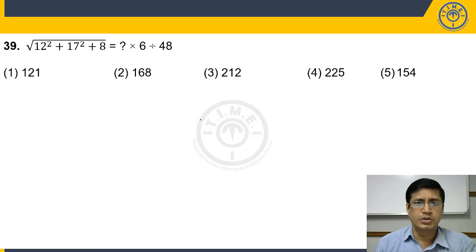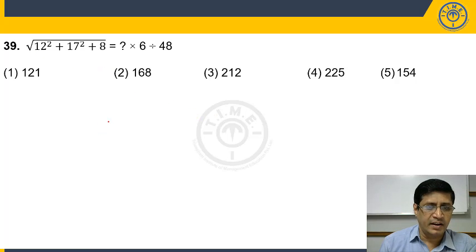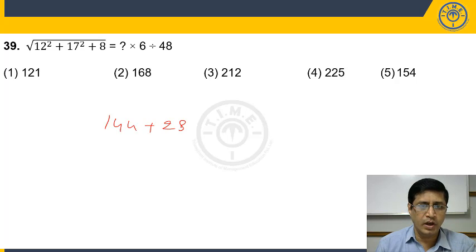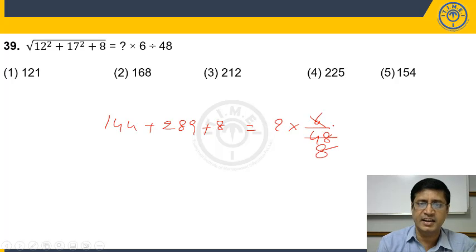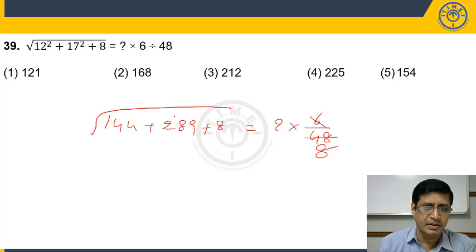Under root. So 12 square, it is 144. 17 square, it is 289 plus 8 is equal to question mark into 6 by 48. So 6 goes exactly 8 times in 48. So what is the sum of all these numbers?